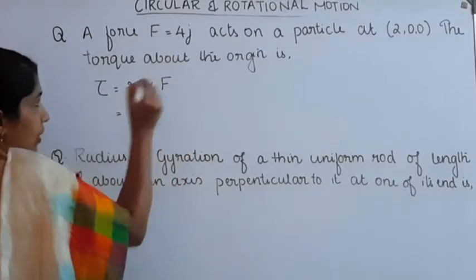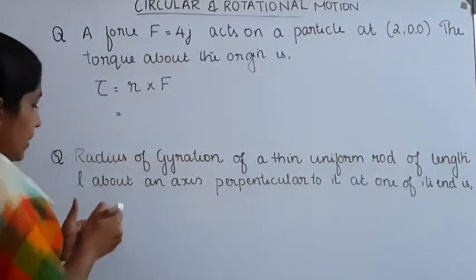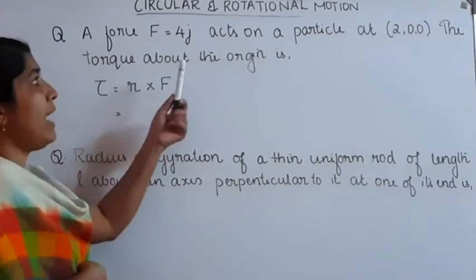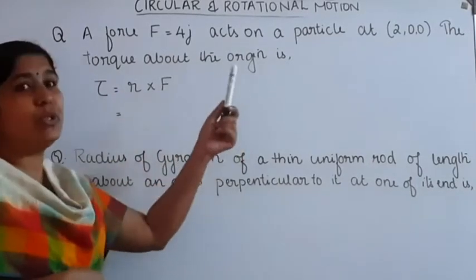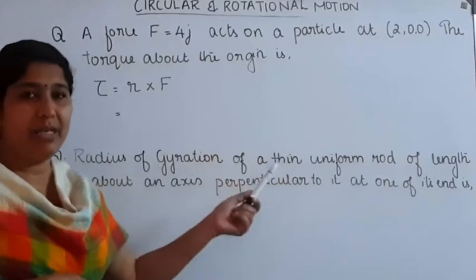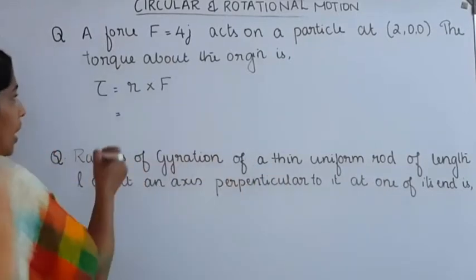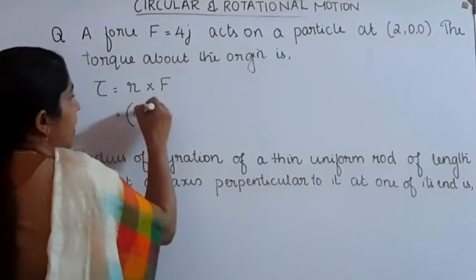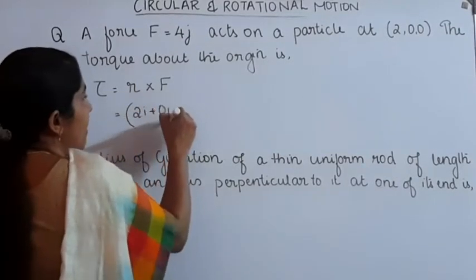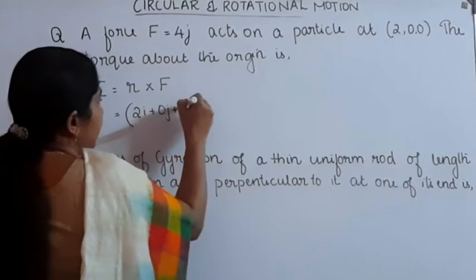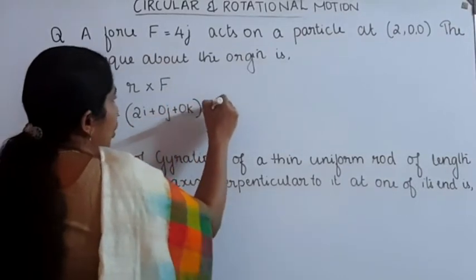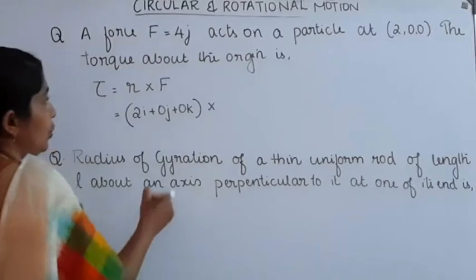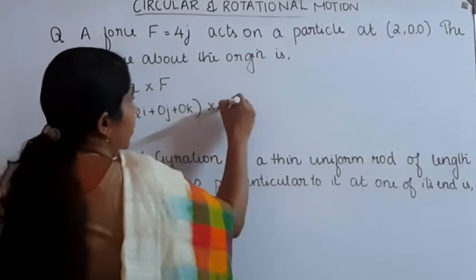The force F is equal to 4J, which acts on a particle at (2, 0, 0). That means R is equal to 2I plus 0J plus 0K. Torque is R cross F, where F is 4J.